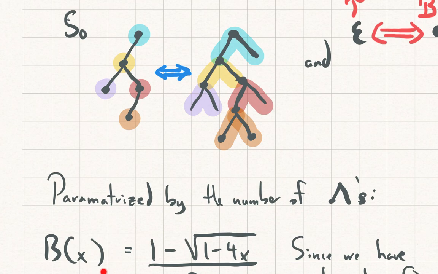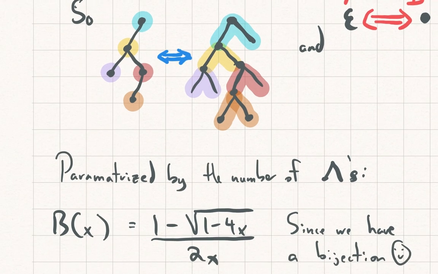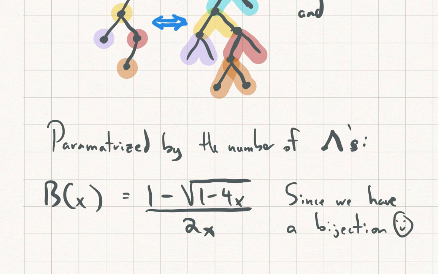So that generating function, B of x, is the exact same as the generating function for T of x. The only difference is x no longer denotes the number of vertices. Now it denotes the number of structures.